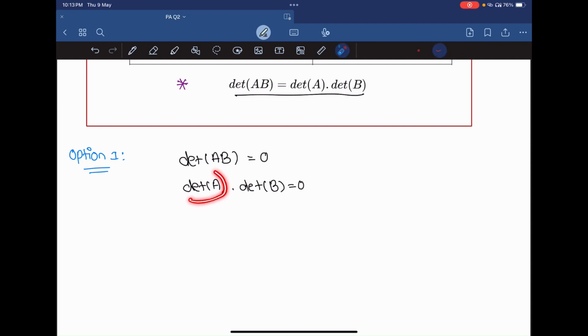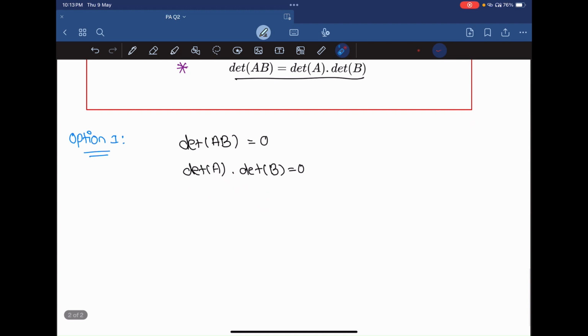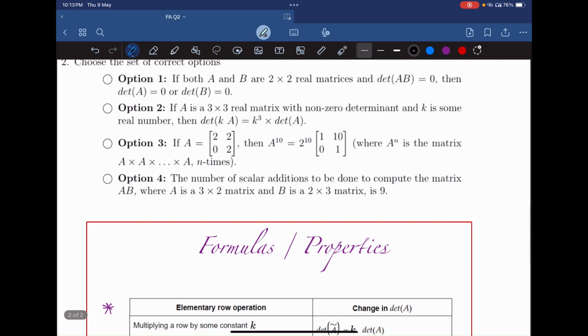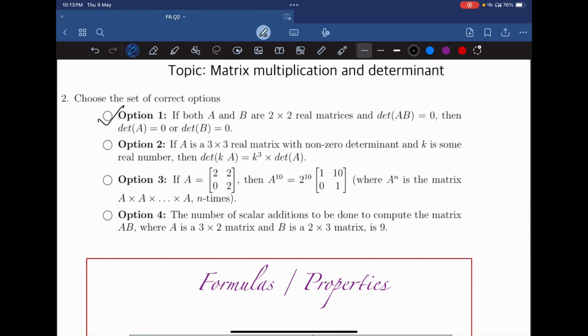Now, as these two will be some real numbers, the product of two real numbers is 0, and this can only happen when either one of them is 0. So from here we can conclude that determinant of A would be equal to 0 or determinant of B should be equal to 0 for this case to happen. So that's why option 1 is true.